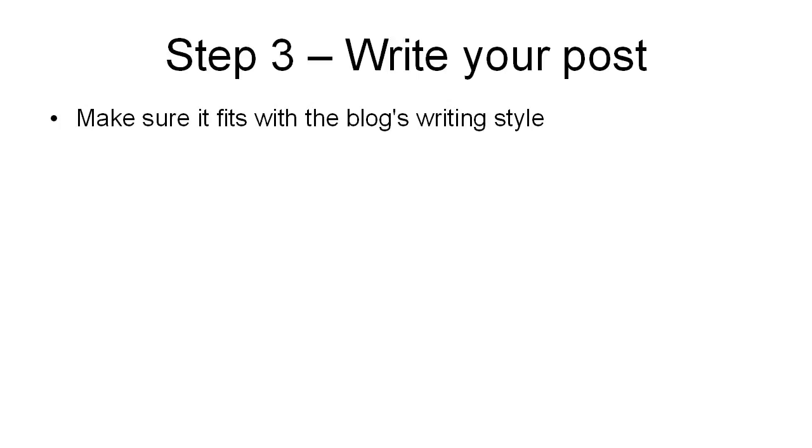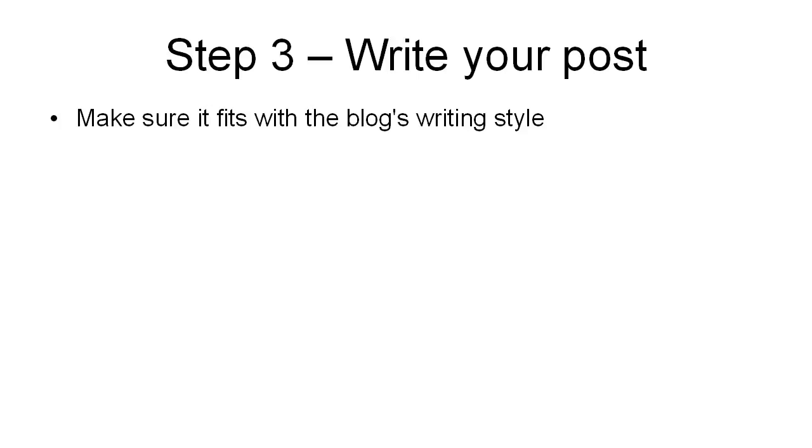Okay, step number 3, you want to write your post. And first and foremost, you want to make sure that it fits with the blog's writing style. If the writing style is fairly formal and traditional, then you want to make sure that you write your article that way. If the blog style is fairly upbeat and contemporary, with lots of slang and stuff like that, then you want to make sure that, again, your article fits in with that.